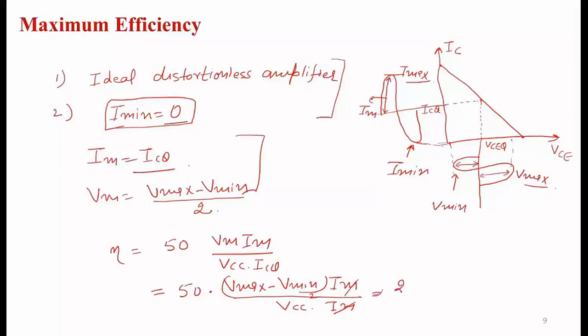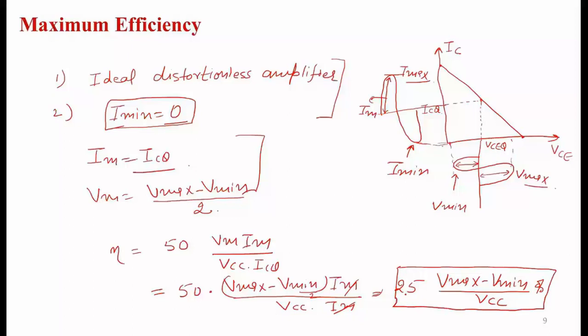So that is equal to 25 (Vmax minus V minimum) divided by VCC. So this is percentage. This is the general expression for the maximum efficiency of class A amplifier.